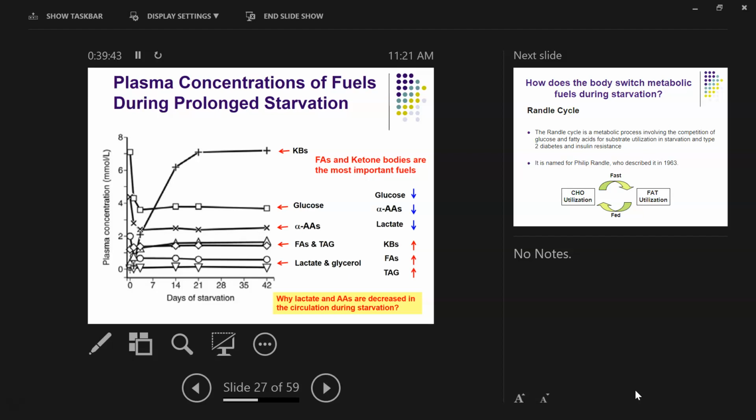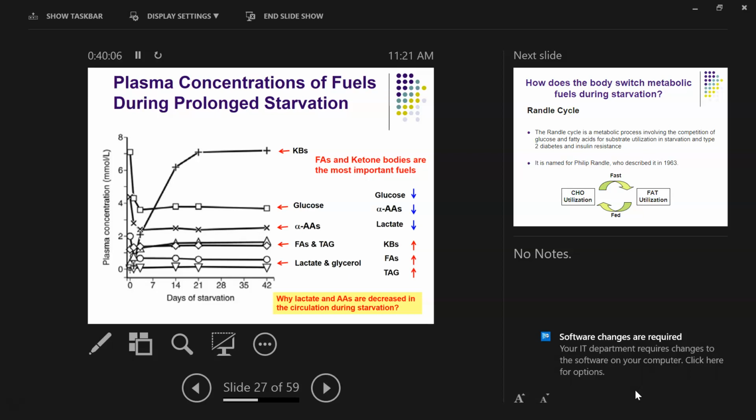And glucose dropped significantly. Let's see what else decreased. The fatty acids, triglyceride and amino acids will all increase.